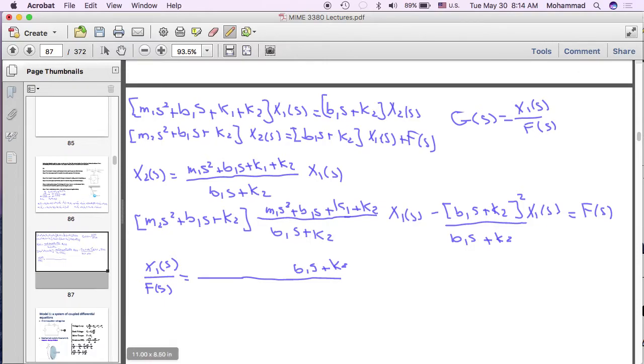So we have, let me start with a bracket, m2s squared plus b1s plus k2.